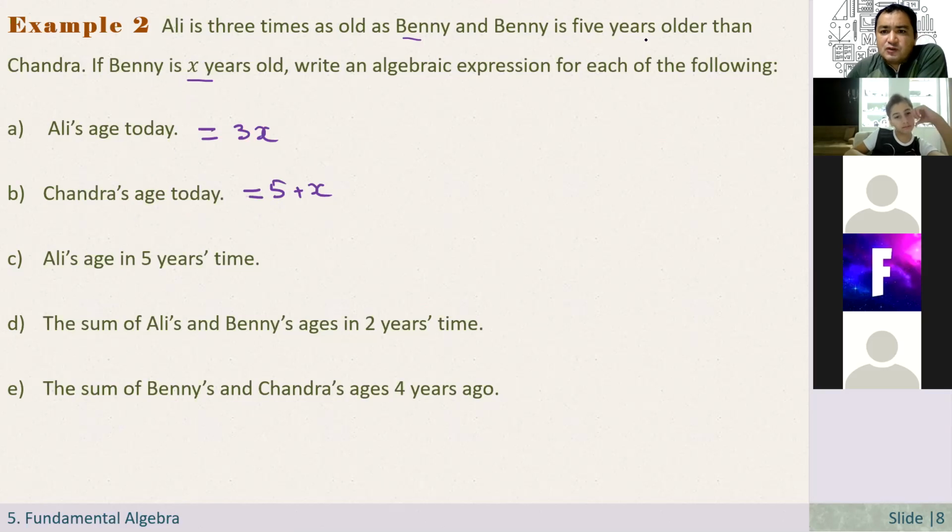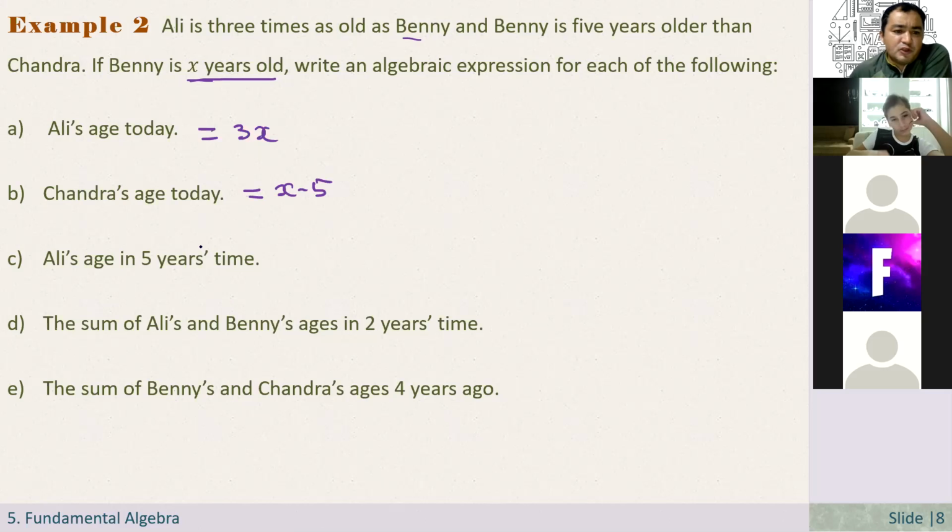No, Benny is 5 years older than Chandra. Look, here, how old is Benny? Benny is X years old, then Chandra is X minus 5. Yes, that's right. Because Benny is older than Chandra. So Chandra's age is X minus 5.